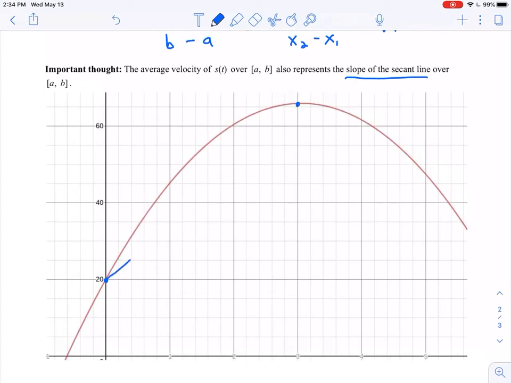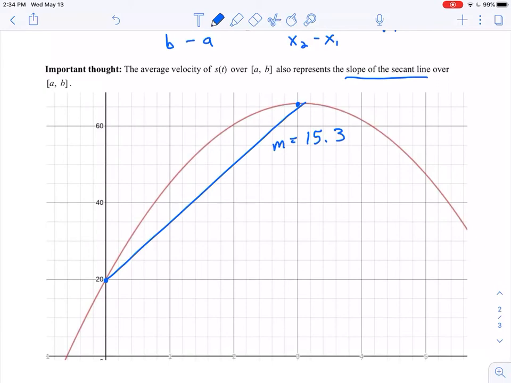I found the slope of that blue line right there. We've said that the slope of this blue line is equal to 15.3.